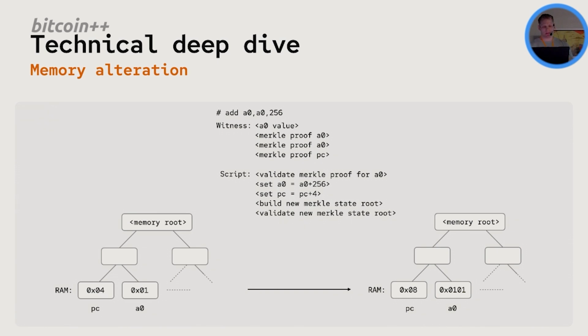As an example here, we're looking at the add operation. It takes whatever is in a register, adds, in this case, 256 to it, and then stores it back into another register, or in this case the same register, but it could be any register. So this is basically what every opcode does. It takes some value in a register, does something with it, and writes it back into another register.